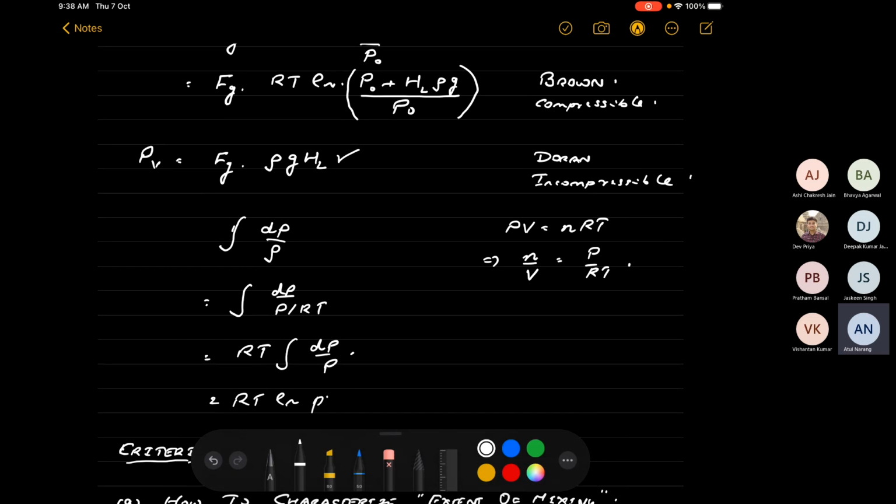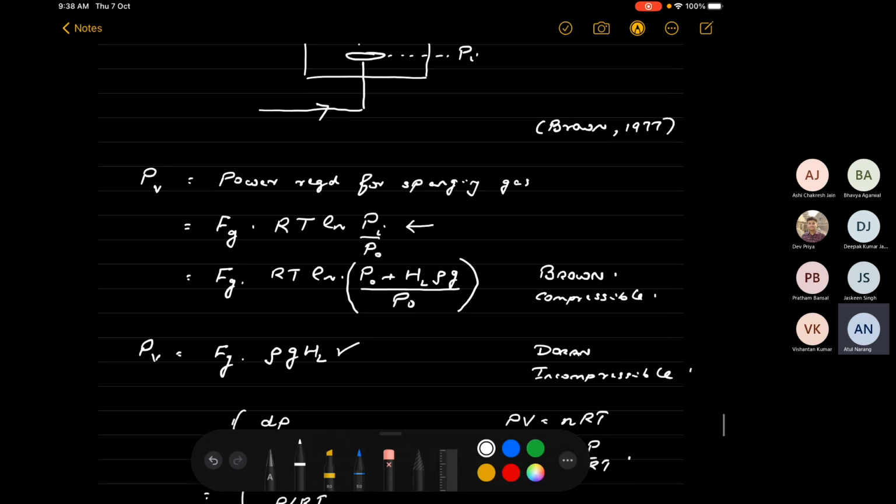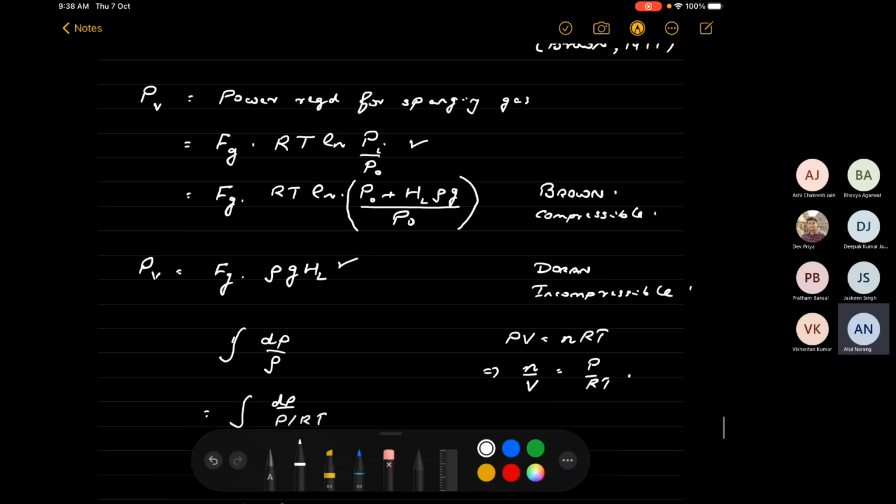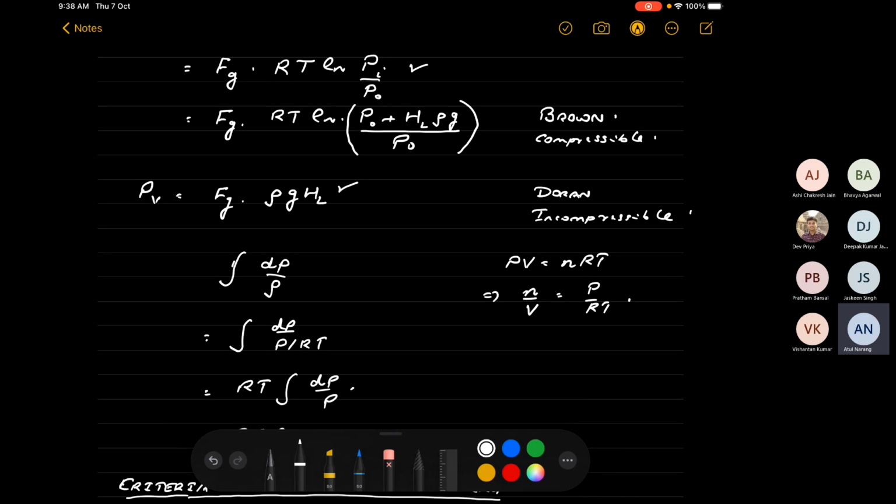What I told you was that the formula given in Doran is this one here, and the formula given in the papers is this one here.